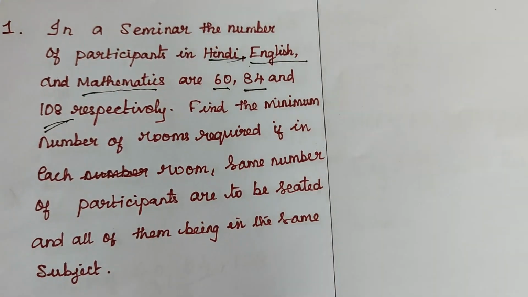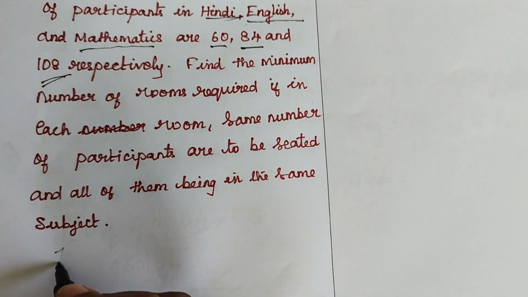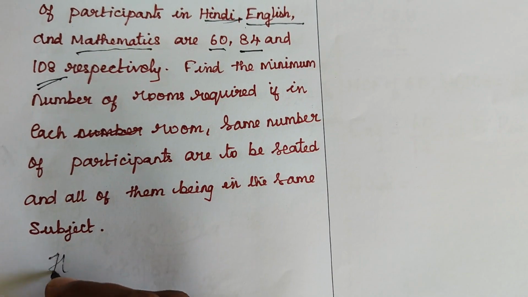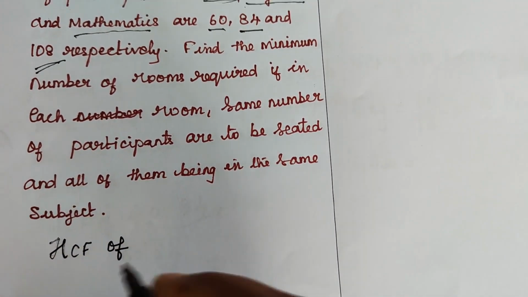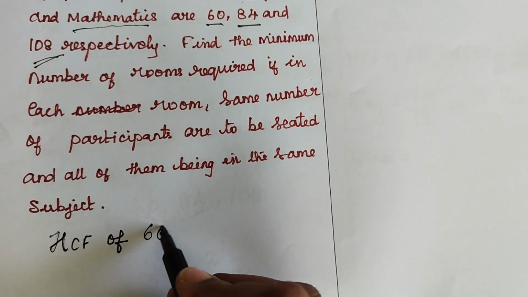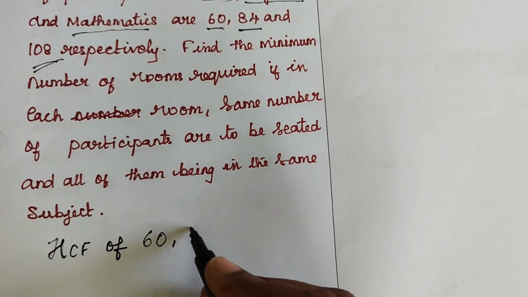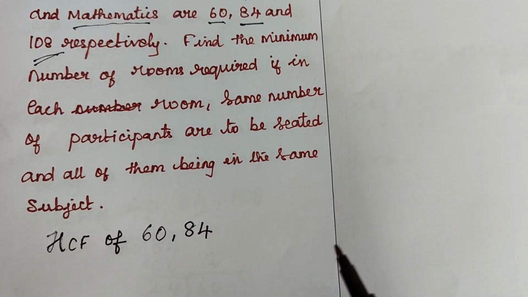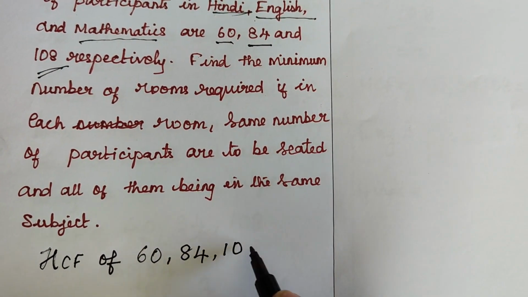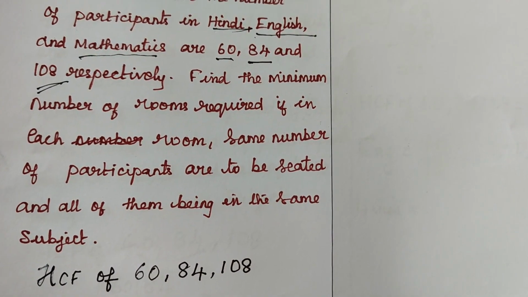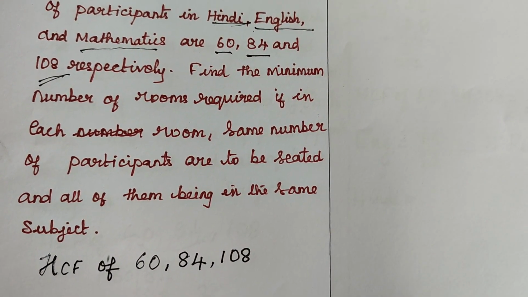So we shall take the HCF of 60, the number of Hindi participants, 84, the number of English participants, and 108, the number of participants in mathematics.